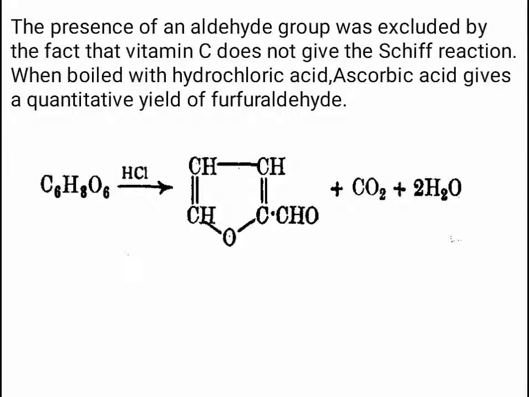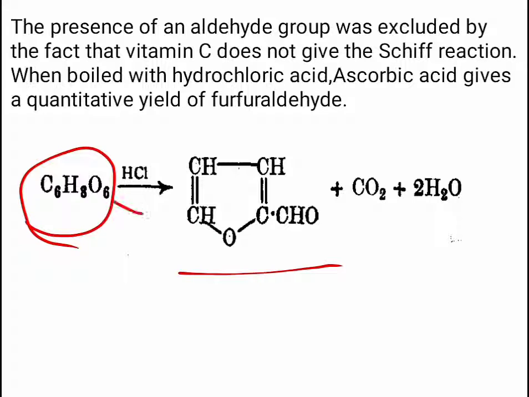The presence of an aldehyde group was excluded by the fact that vitamin C does not give the Schiff reaction. When boiled with hydrochloric acid, ascorbic acid gives a quantitative yield of furfuraldehyde. This is the furfuraldehyde. If you take ascorbic acid and boil it with hydrochloric acid, you will get this furfuraldehyde.